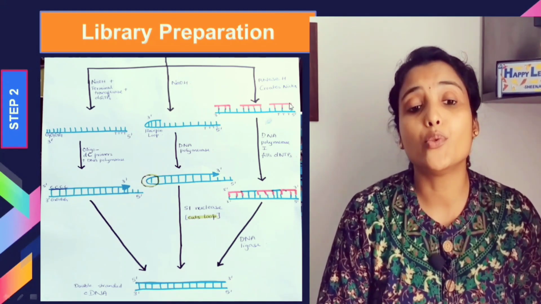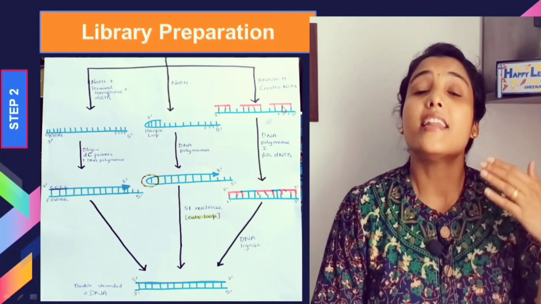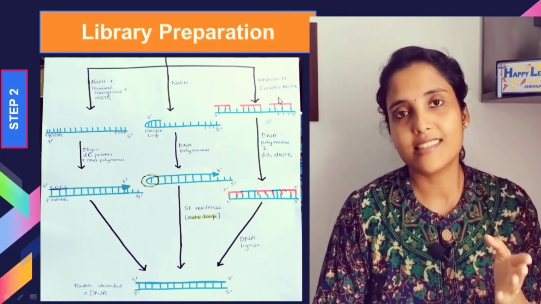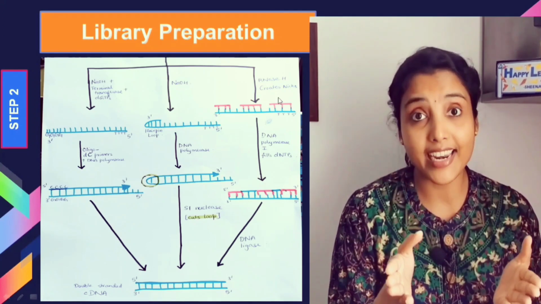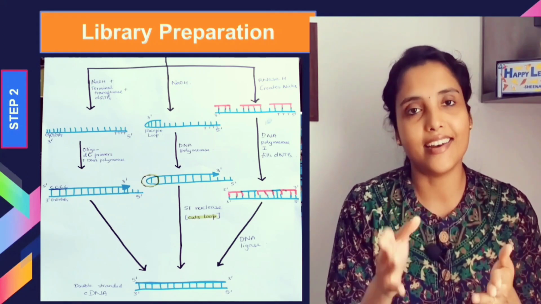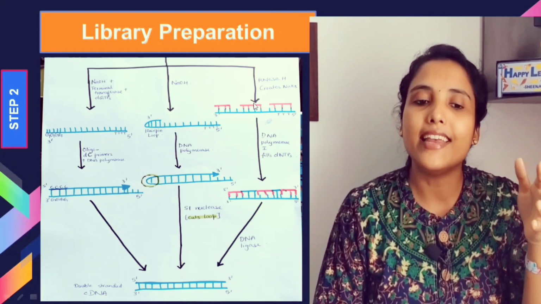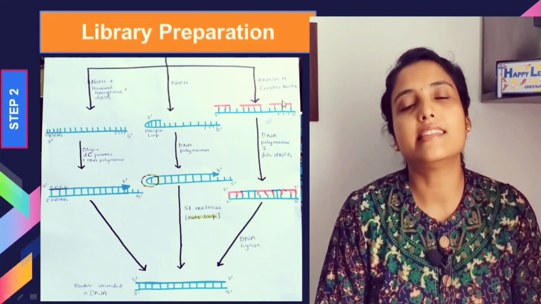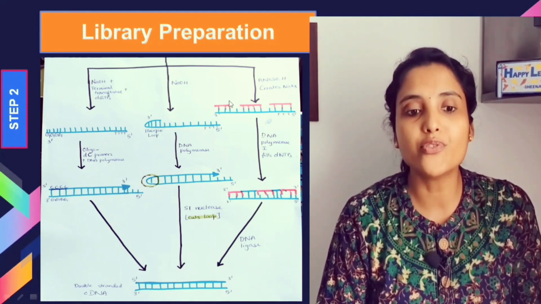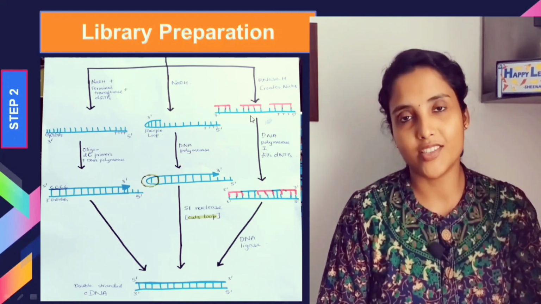Another approach could be the use of RNase H. As the name suggests, it is going to cut RNA. What RNase H does is it creates nicks or breaks in this mRNA strand, removing nucleotides from the mRNA strand.